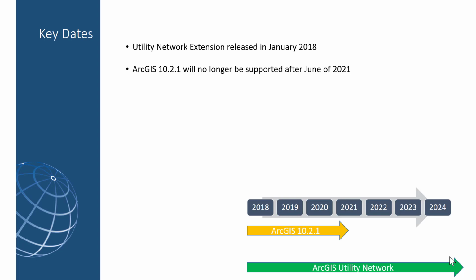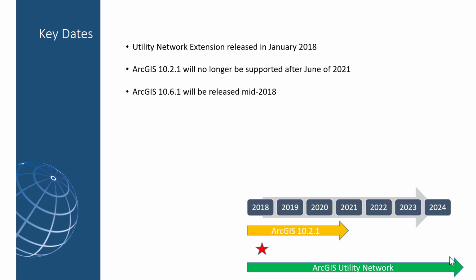As part of Esri's messaging, they've also said that ArcGIS 10.2.1 will be no longer supported after June of 2021. So that means something needs to happen. You need to do something by June of 2021, whether that's going the direction of utility network or potentially going in an upgrade.